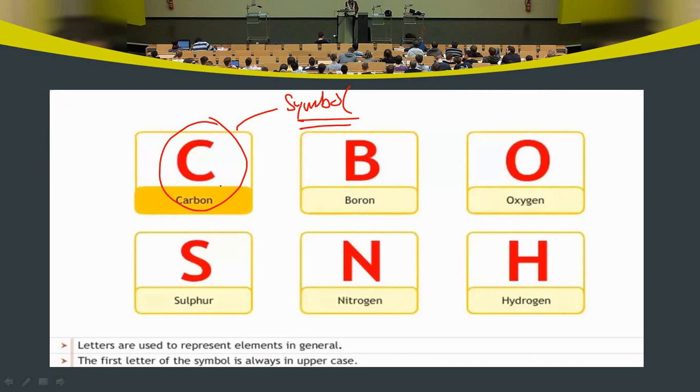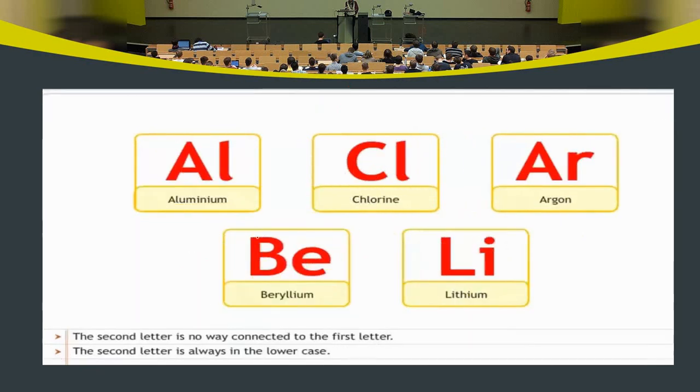So see this: carbon C, boron B, oxygen O, hydrogen H, nitrogen N, and sulfur S. So all are their first letters only. This is one rule of IUPAC, that the element's symbol should be from its first letter and it should always be in capital letter or uppercase.